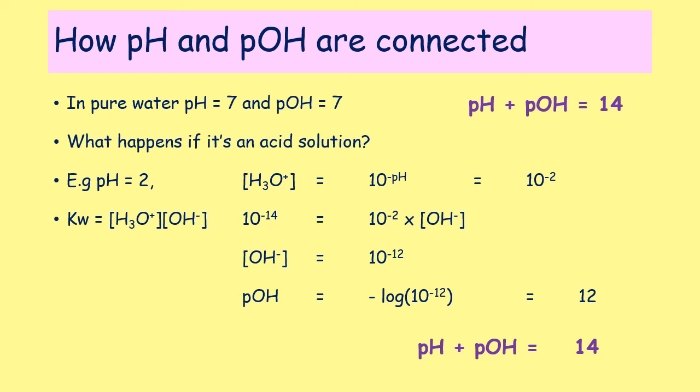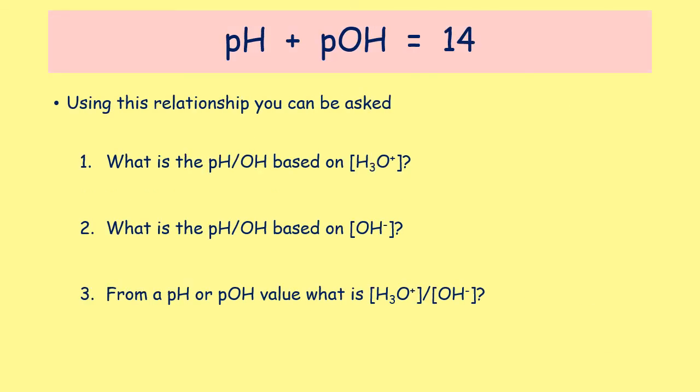So what we're going to go through are the types of questions that you might get asked, all the possibilities. So using what we know about how to calculate pH, how to calculate concentration of H3O+, and the same for pOH, using the ionic product of water, Kw, and using pH plus pOH equals 14, all the types of questions you could be asked. You could be asked to calculate the pH or the pOH from the concentration of hydronium ions.